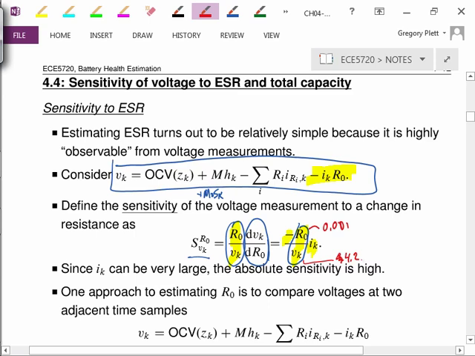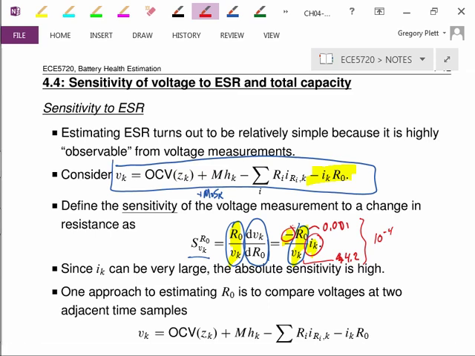So you would get something on the order, on that whole quantity, of 10 to the minus 4. And then multiplied by current, negative current, but the magnitude is what is most interesting here. And current can be very large. Current can be hundreds of amperes, perhaps.